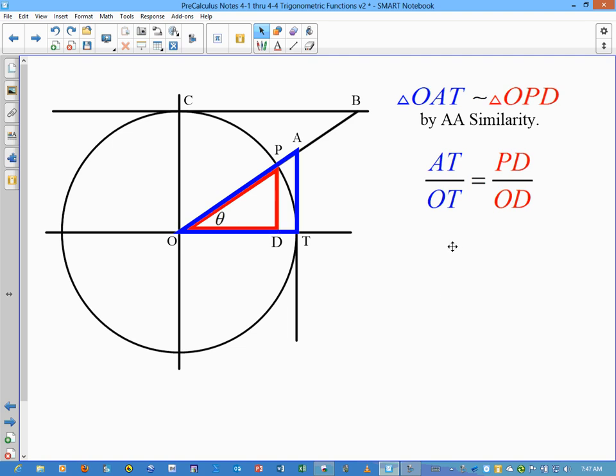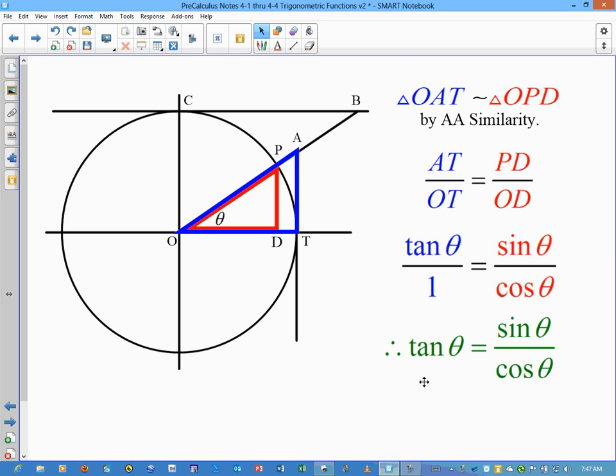And then some substitutions. AT we know is tangent. OT is the radius, so that's 1. PD is the y value, so that is sine. And OD is the x value, so that's cosine. Cleaning that up a little, we get that the tangent can also be written as the ratio of sine to cosine. So sine of theta divided by cosine of theta is the tangent of theta.